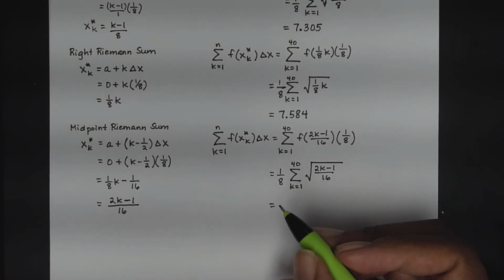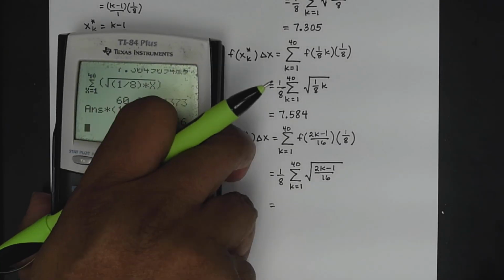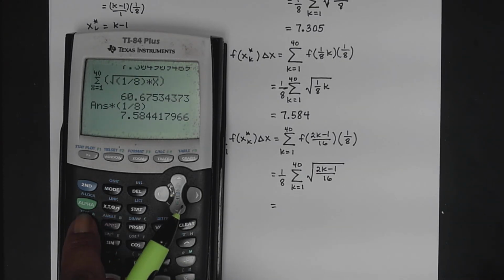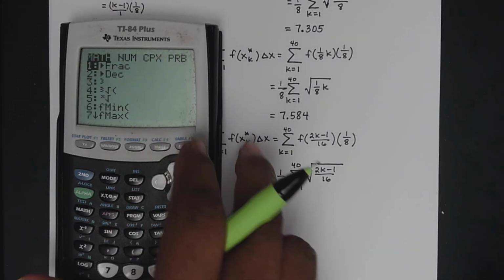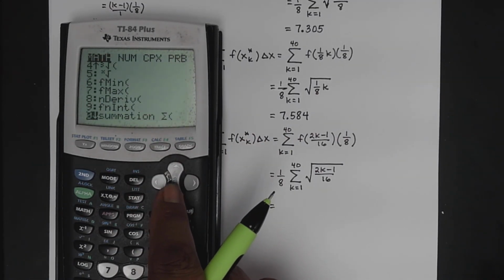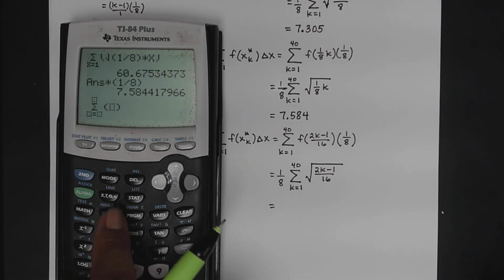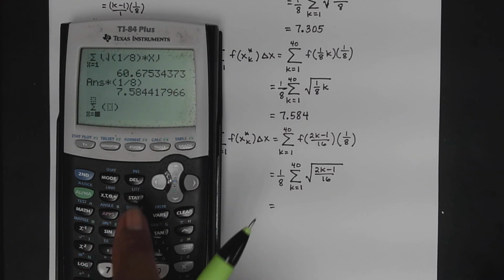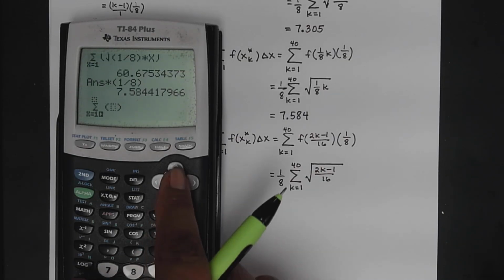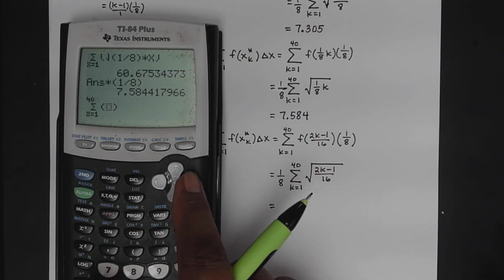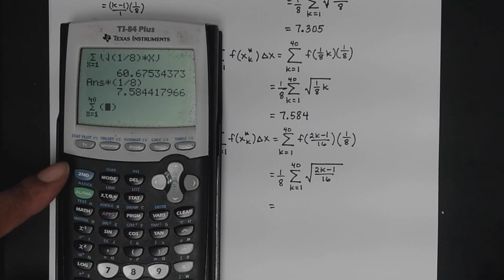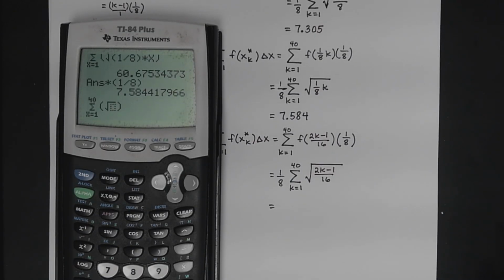Now here I can enter this in the calculator. So now press the math key, go down to summation, and then I'm going to use x, so x equals from 1 and then up to 40. And then for the square root, second x squared for that.